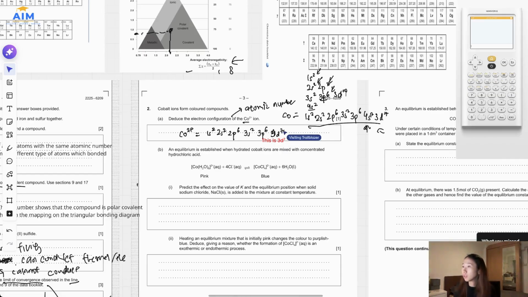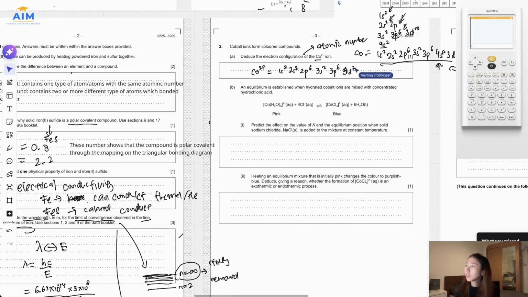Then for the next question, it shows that there is an equilibrium when hydrated cobalt ions are mixed with concentrated hydrochloric acid to form this CoCl4 2-. Predict the effect on the value of K and the equilibrium position when solid sodium chloride is added to the mixture at constant temperature.